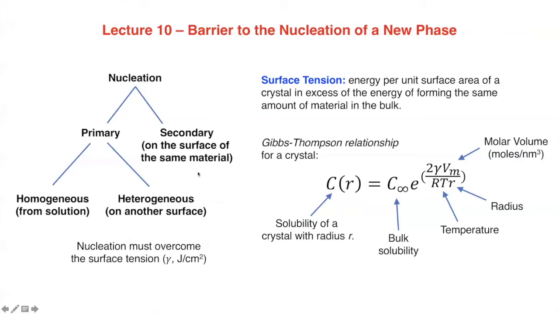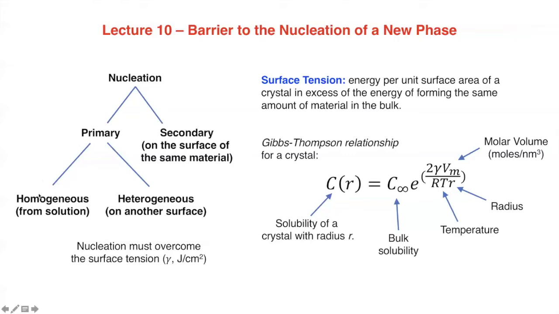People talk about having a surface of the same material. Say you're growing a crystal of glucose or something, and you have a large area facet. Starting the next plane of glucose atoms on the surface of that crystal can be discussed as an example of nucleation. That's called secondary nucleation, but primary nucleation is the main one that we're interested in.